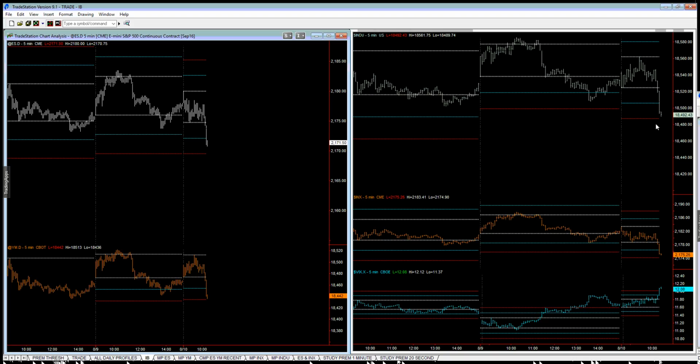Maybe we drop just a little bit more. I don't know that we'll make it all the way down here on the ES, but we should expect a bounce here. Very, very soon we should expect a bounce.